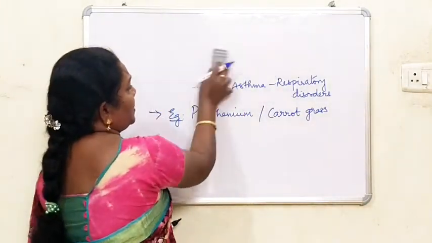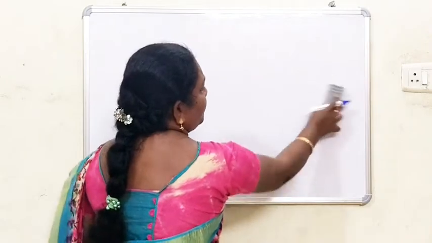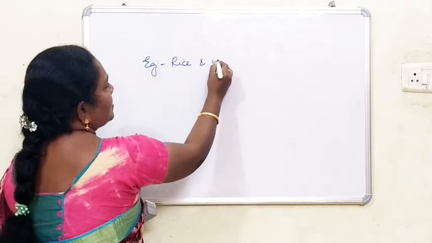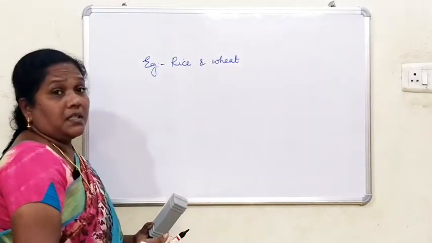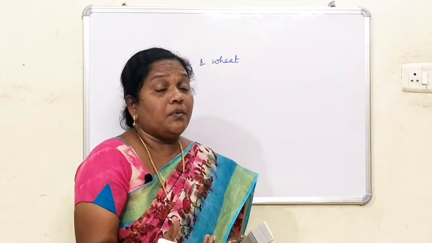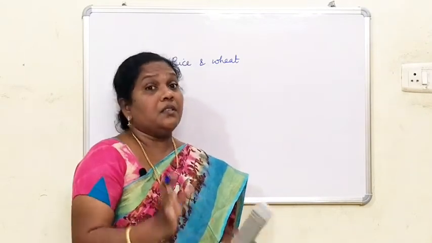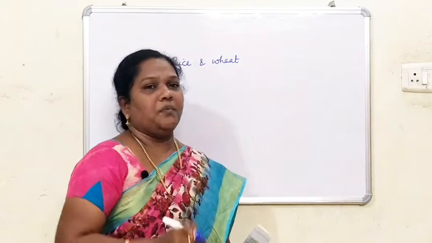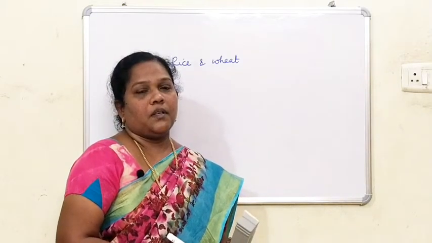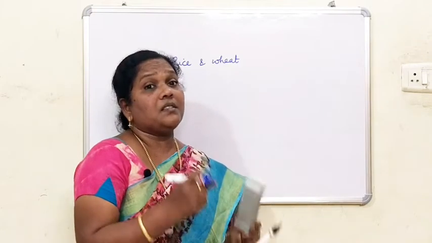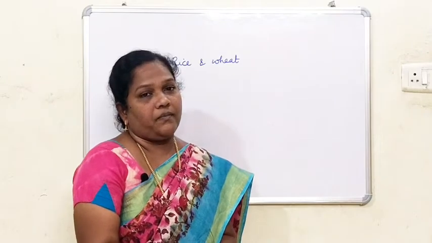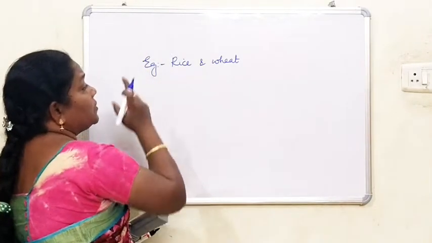For example, in rice and wheat, the pollen grain can lose its viability within 30 minutes. So within 30 minutes it has to reach the stigma and fertilization has to take place. If it does not reach the stigma within 30 minutes, it will lose its viability.